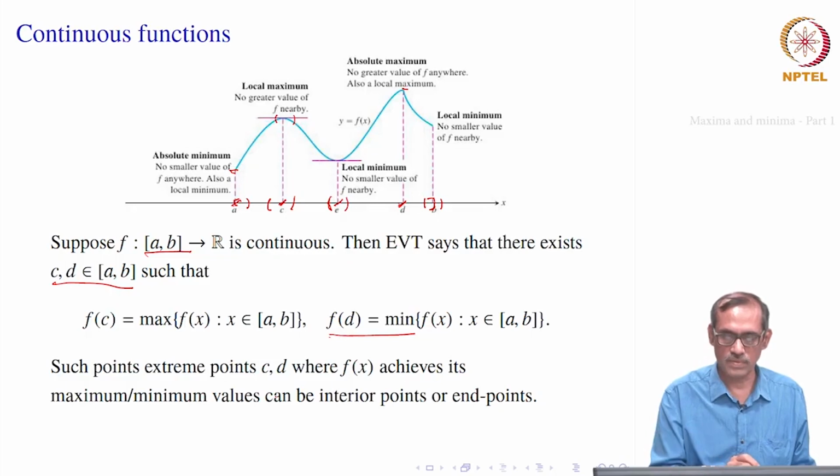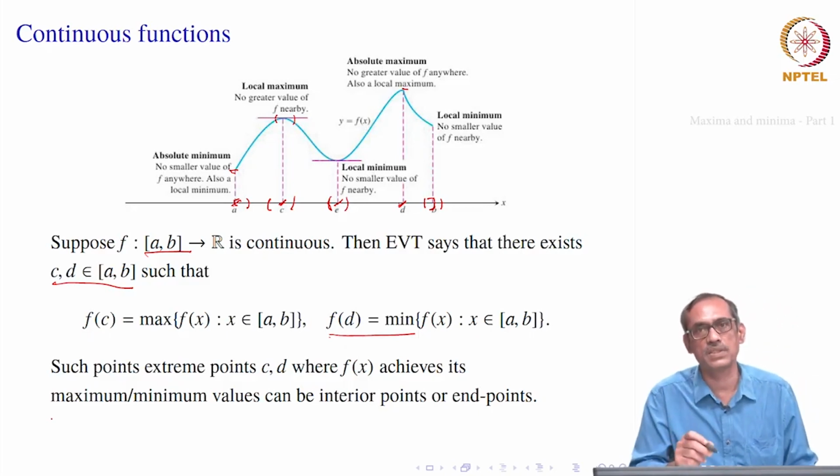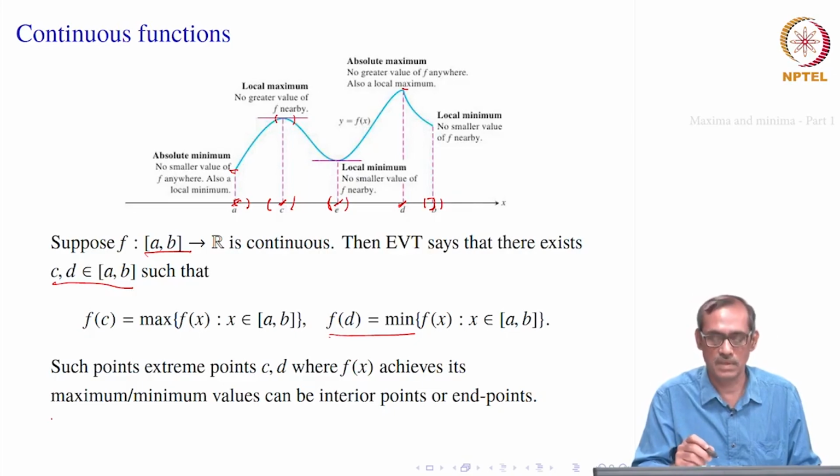So, that is how the notions of absolute maximum, absolute minimum, local maximum and local minimum look, and these are all the extrema. We will be interested in finding the points where these are achieved, and also what the maximum and minimum values are.